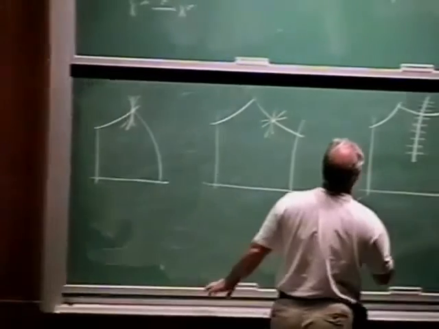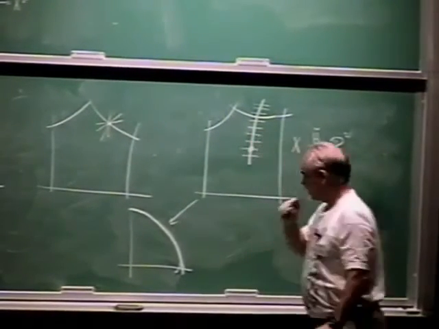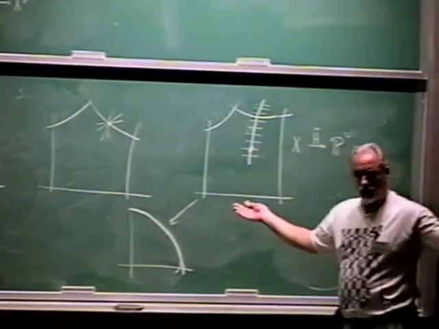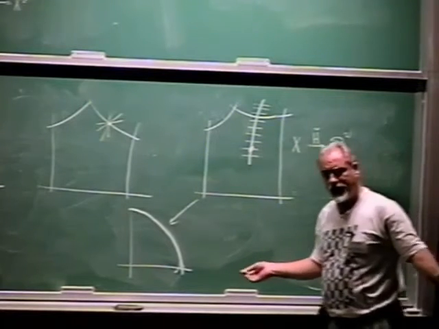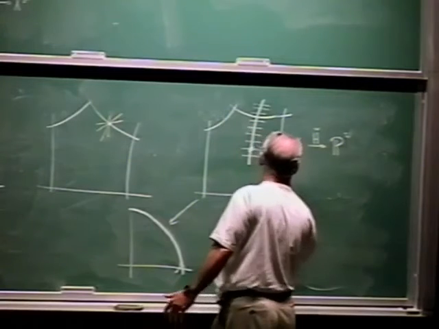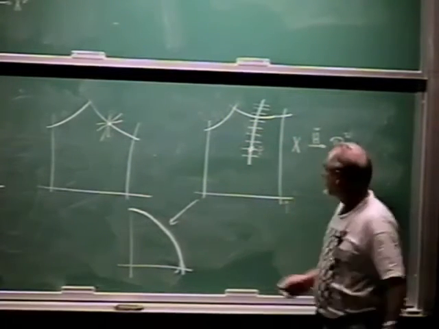X infinity is compact. It's a closed subset of a product of compact spaces. So the infinite thing has to converge to something.